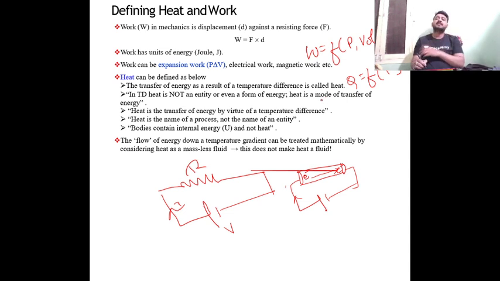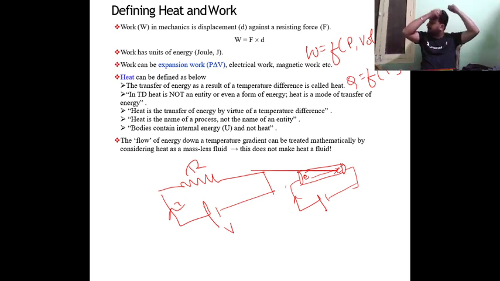If there is a change in temperature, then heat will change. Heat will flow only if there is a temperature difference. Heat always flows from a higher temperature to a lower temperature.